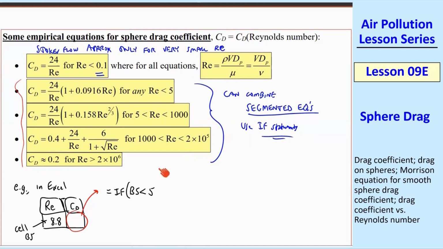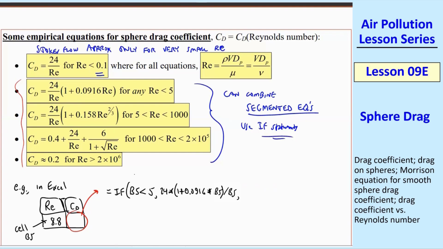So if B5 is less than 5, we want to use this equation. So then I put that equation, comma, 24 times 1 plus, and then you just put in the equation, 0.0916 times Reynolds number, which again is B5, parentheses closed, divided by B5 because of this Reynolds number in the denominator. And then I put a comma.